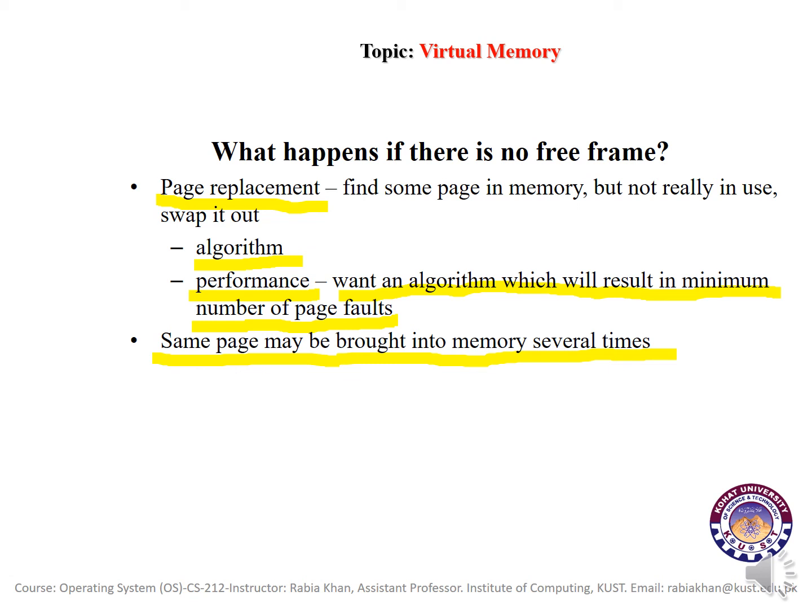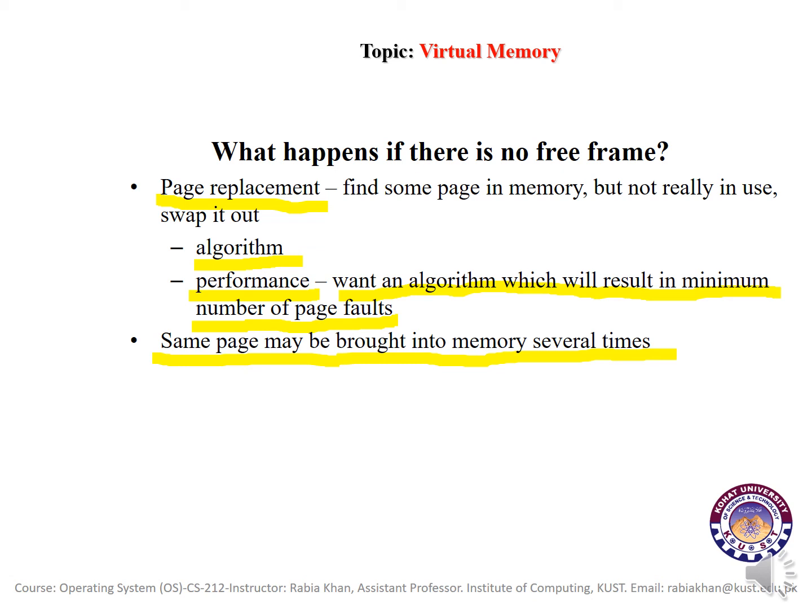So this is how, if there is no free frame available in RAM, the operating system has to perform page replacement. Page replacement is to select a page that is going to be swapped out to secondary storage, and a new page is to be loaded at its place.